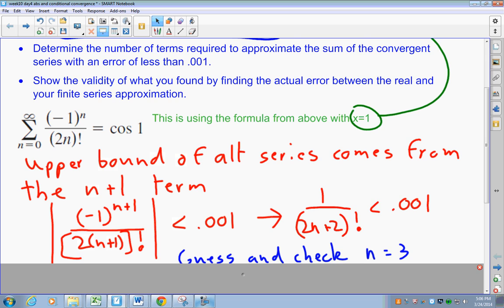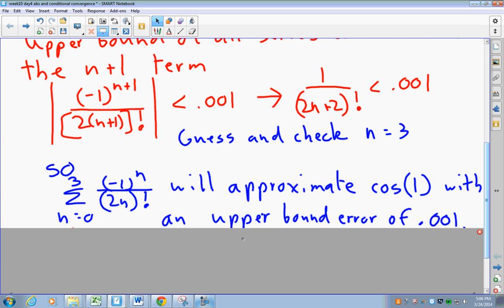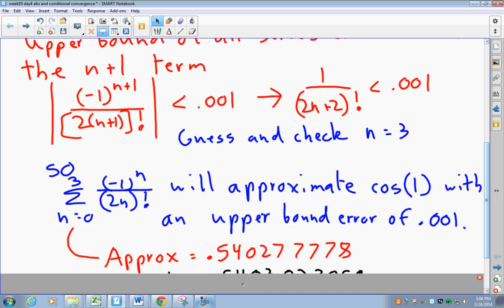So it now says show me this, so I'm going to show you. If n equals 3, that means from n equals 0 to n equals 3 will approximate cosine of 1 with an upper bound of 0.001. When I plugged in from 0 to 3 and calculated it, there are actually 4 terms there.